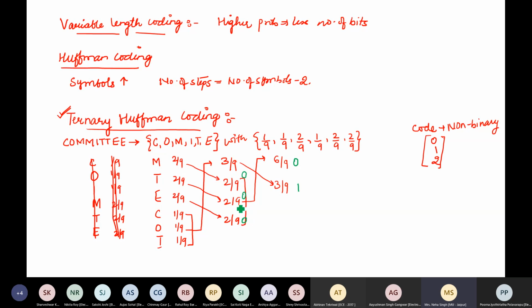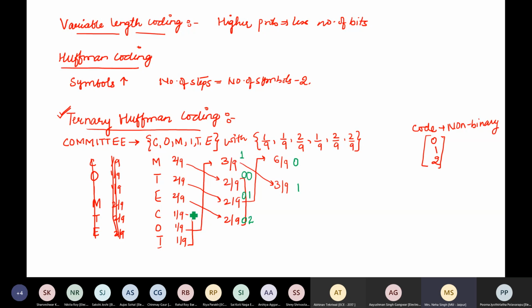Now at this level, to differentiate between these three symbols with probability 2 by 9, I append another bit. So I give the three values 0, 1 and 2. 3 by 9 was given the code 1, so it is back propagated to 1.